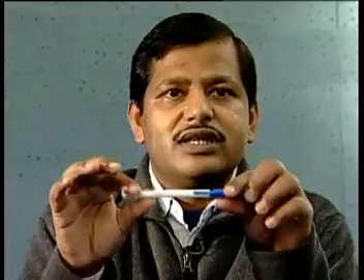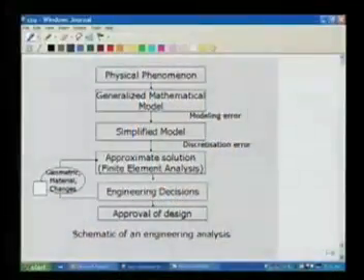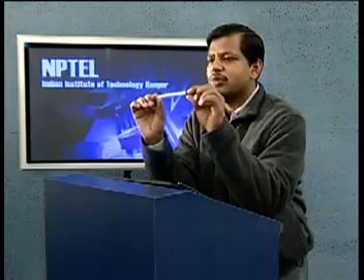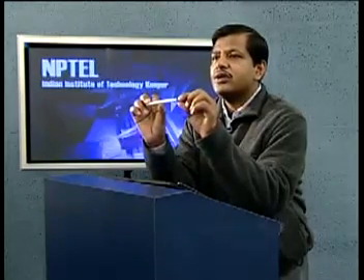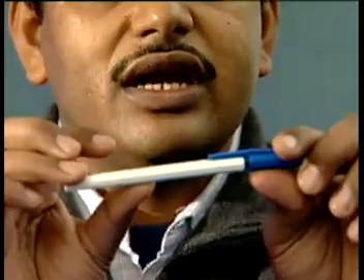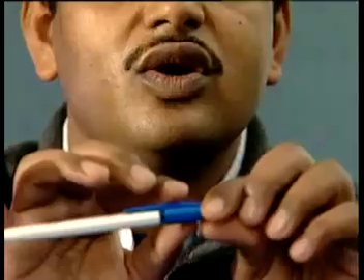If he thinks that the approximate solution is good, then he accepts that and then starts post-processing the solution, i.e. obtaining response quantities of interest. For example, for this beam, that is my pen, I may be interested in the tip deflection at this point here, or I may be interested in knowing what is the stress distribution in the beam, so that I can decide whether the pen is going to fail at any point of interest.